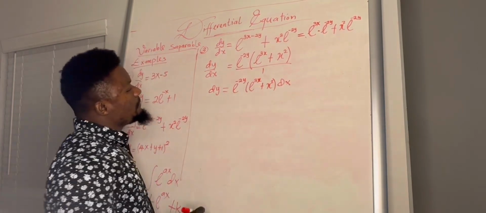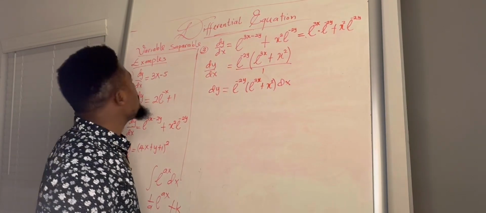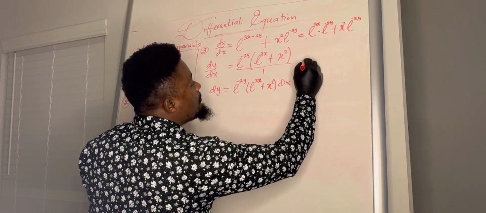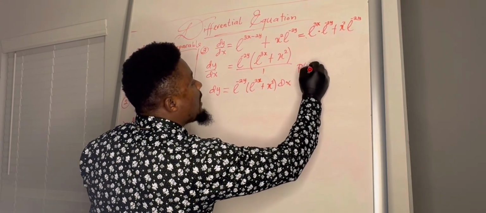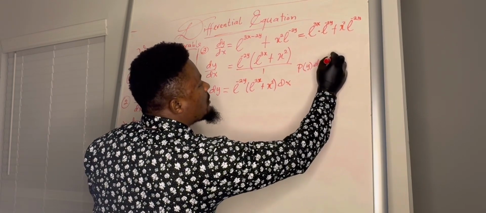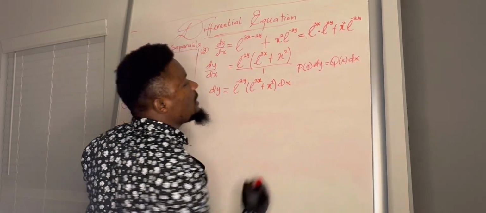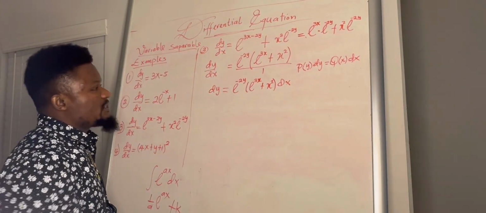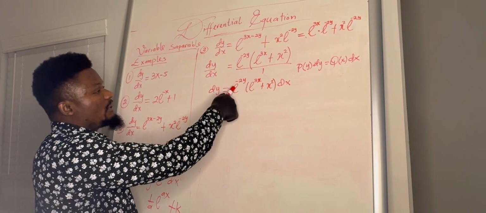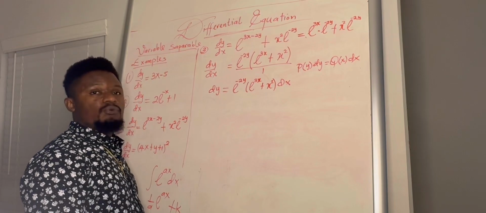dx. But then we cannot go ahead and apply the integral sign because it's not yet in the standard form, or in the form p of y dy equal q of x dx. It's not yet in that form. We still have y right here. So how can we get rid of expo of negative 2y?